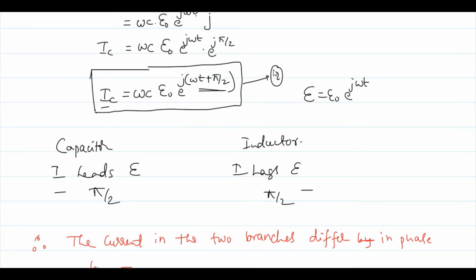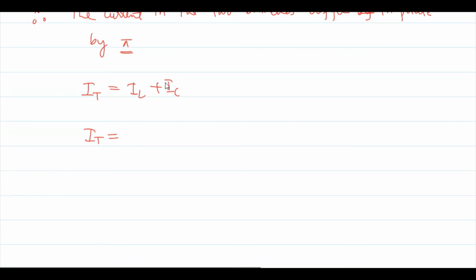By adding equations 1 and 2, I get EMF naught divided by j omega L e power j omega t plus EMF naught into j omega c into e power j omega t. So this is exactly what we get.